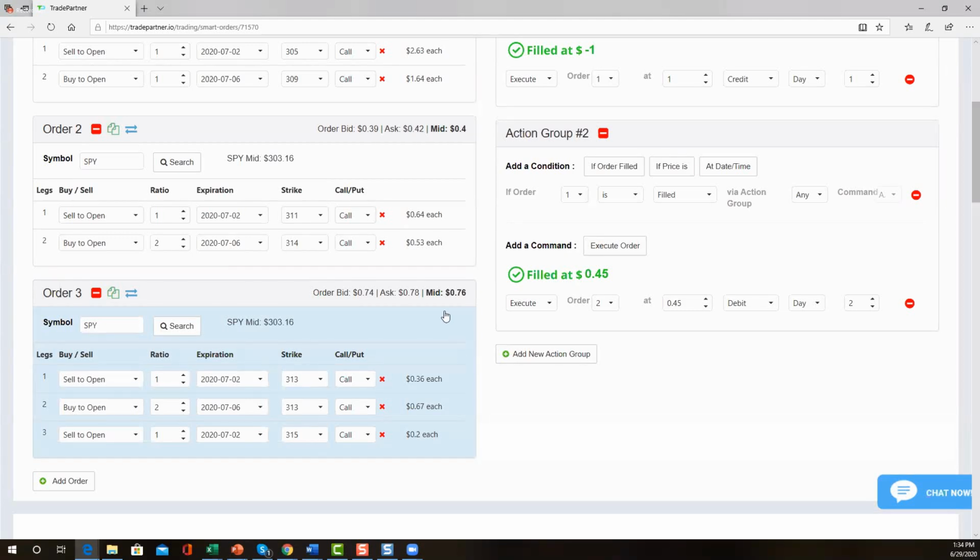So why do 2 of these versus 1 of these? 2 of the 311, 314s versus 1 of the 313, 313, 315. A couple of reasons. This is one that we were using last, maybe a couple of weeks ago.